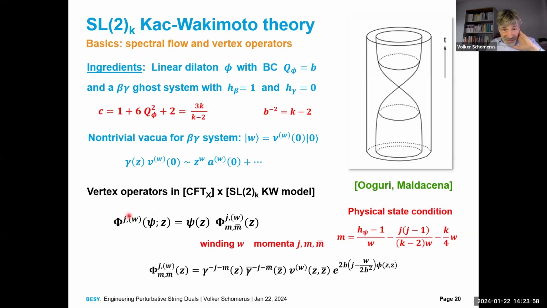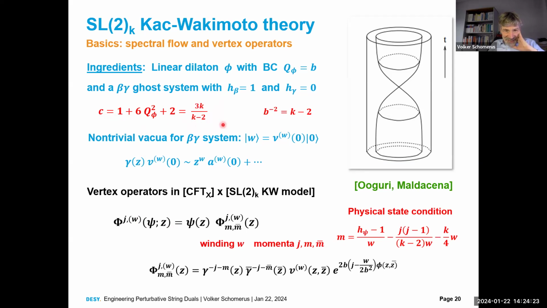Again, it's a simple theory. It's a free Kac-Moody theory multiplied with whatever X you have, and this is a theory which has by construction central charge 26, because you probably, hopefully remember that my X theory had central charge 26 minus 3k over k minus 2.